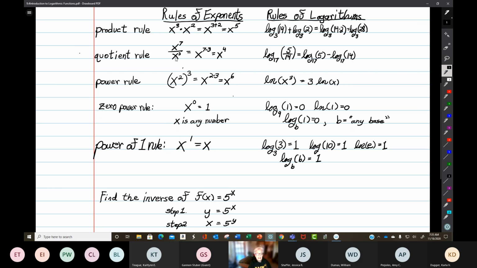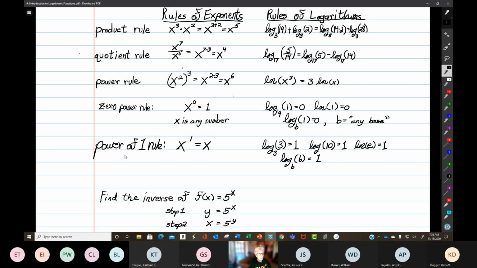When you divide like bases, you subtract the exponents. When you have a base and you raise it to a power and you raise it to a power again, you multiply the exponents. And the zero power rule is that any number raised to the zero power is 1.